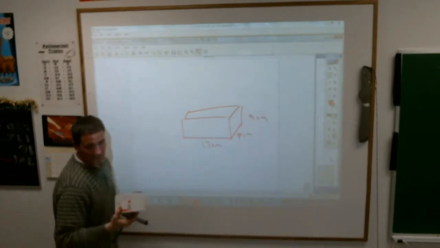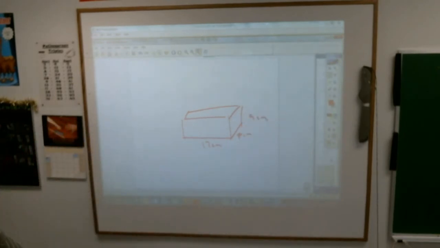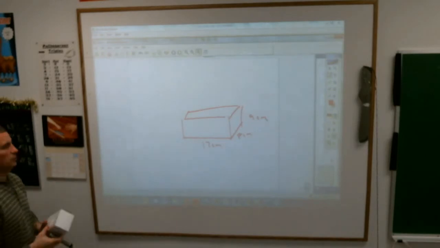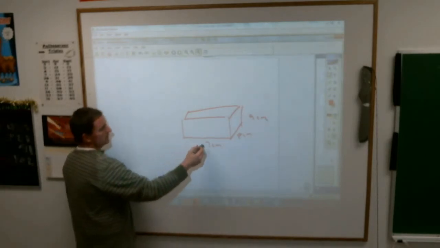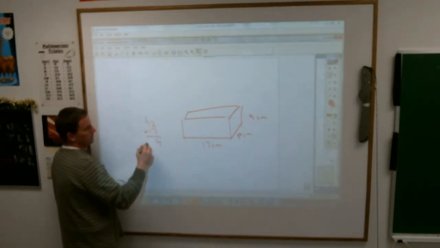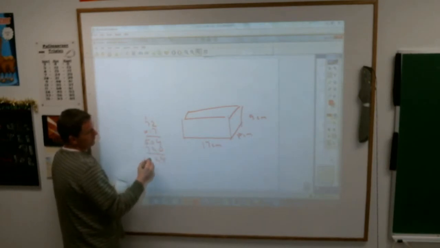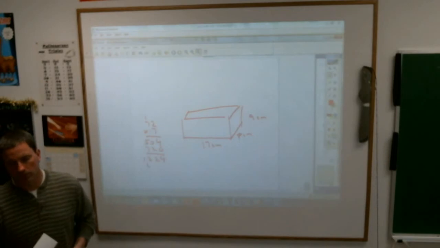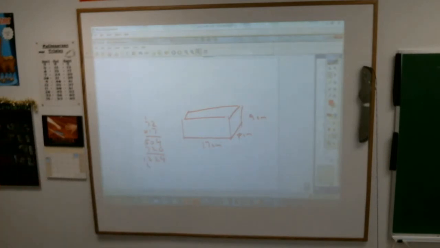If you want to know how many of these cubic centimeters you could actually put in here, you'd have to do a lot of multiplication. It would be 17 times 8 times 9, which is 72 times 17. There are 1,224 of these little cubes I could fit in here.